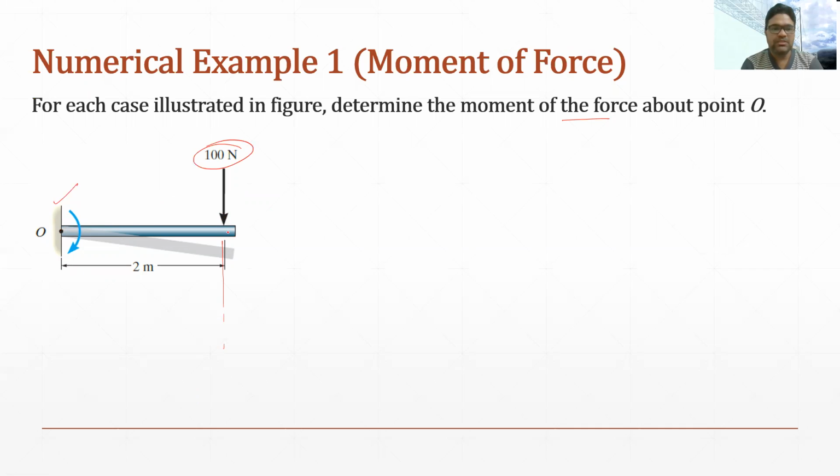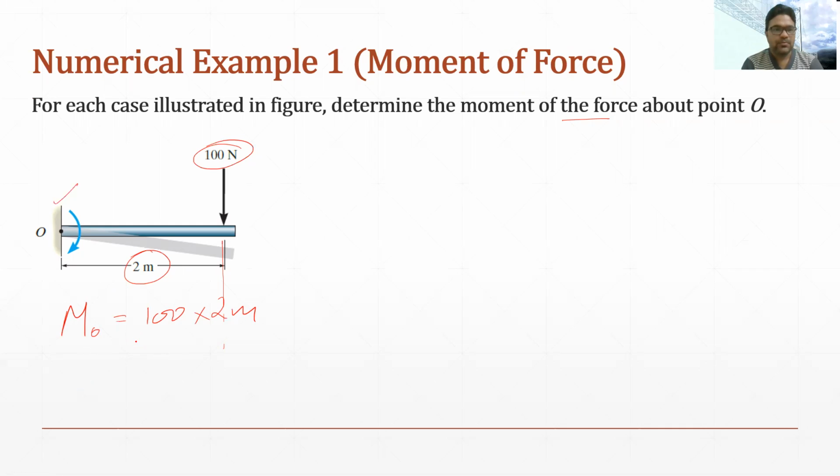The perpendicular distance from point O to the line of action of the force is 2 meter. So moment about point O will be 100 Newton multiplied by 2 meter.